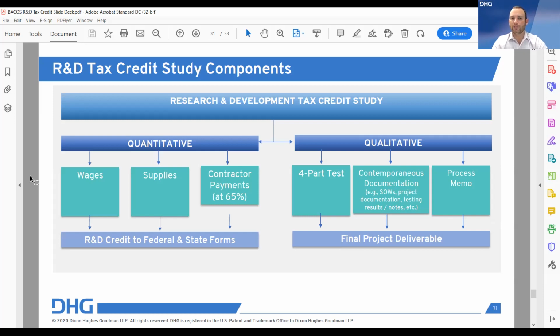Essentially, that helps tell a good story for the IRS, again, if they're going to review the credit, to help them understand how the project worked, how things were quantified and claimed on the return, and what the support looks like qualitatively.